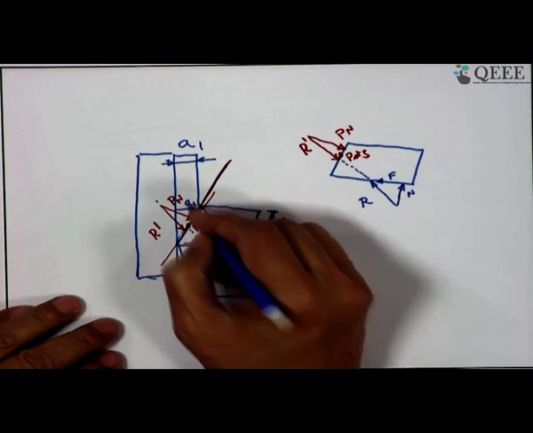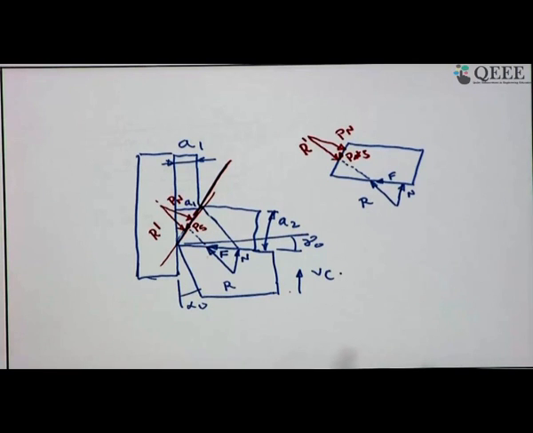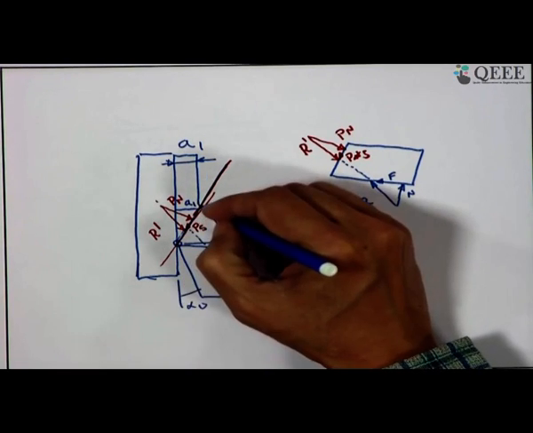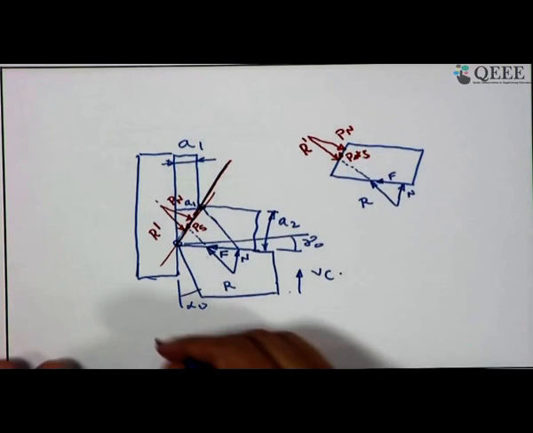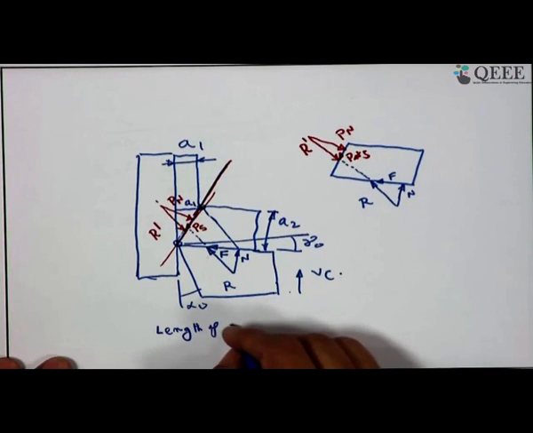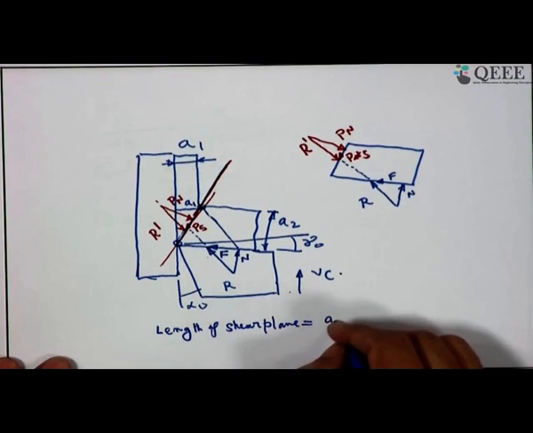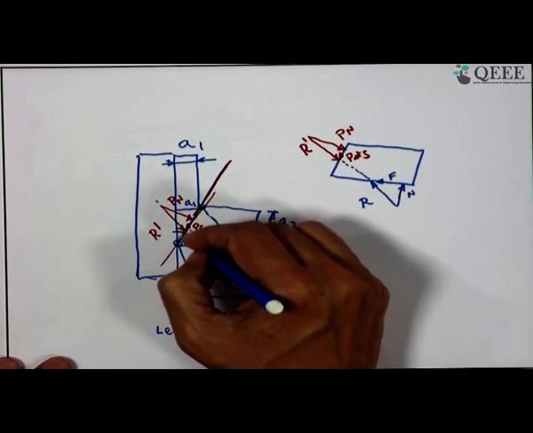This is A1. A1 means the thickness of the uncut layer. So, the length of the shear plane, from this point to this point, is given by A1 by sin beta, because this angle is the shear angle.